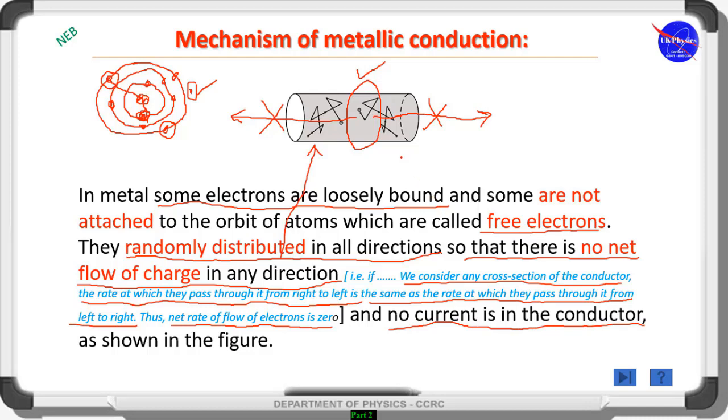This is the case without the effect of an external electric field. You should remember that, as we know, the flow of electrons constitutes electric current. Inside the metal there is an atom.